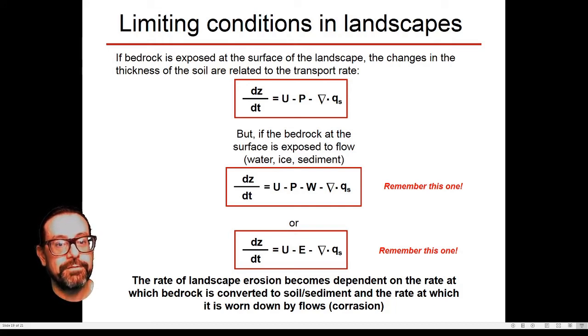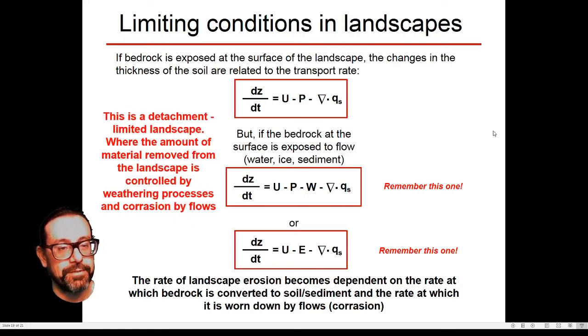And there, the rate of landscape erosion becomes dependent on the rate at which bedrock is converted to soil or sediment, and the rate at which bedrock is worn down by flows, which in the past has been called corrasion and is still called corrasion sometimes now.